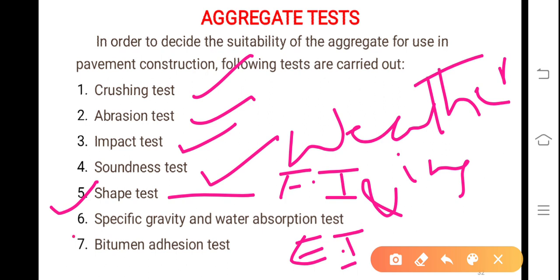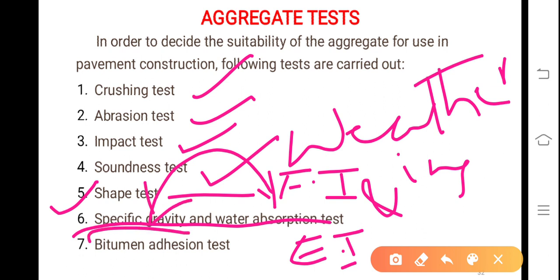Specific gravity and water absorption test is also important: how much water the aggregates will absorb. If the absorption capacity is more, then naturally the voids present will be more and the aggregates will become weaker. Specific gravity reduces, so specific gravity and water absorption are inversely proportional. If the absorption is less, specific gravity will be more.